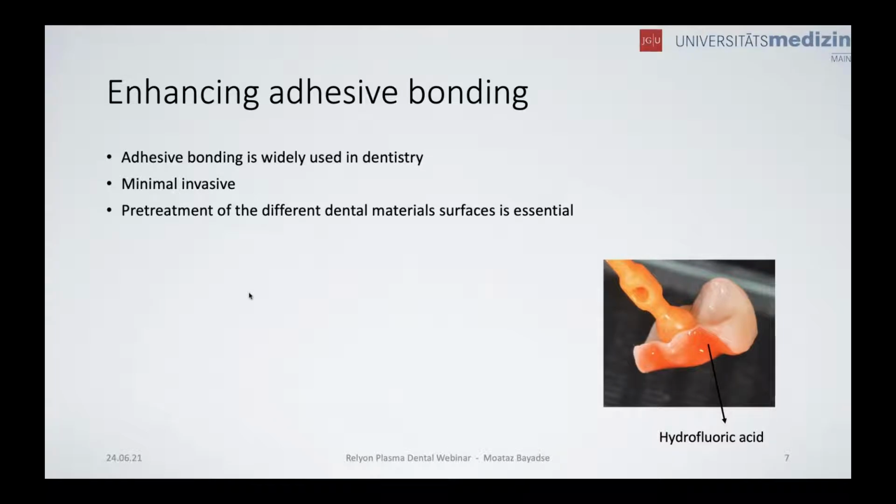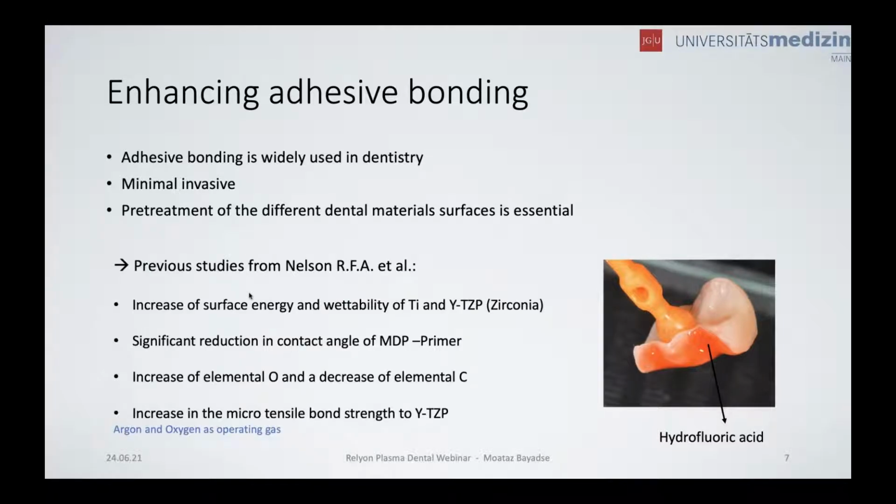Because of this, previous studies from Nelson et al. investigated possible methods to improve this adhesive bonding. They used cold atmospheric plasma to increase the surface energy and the wettability.